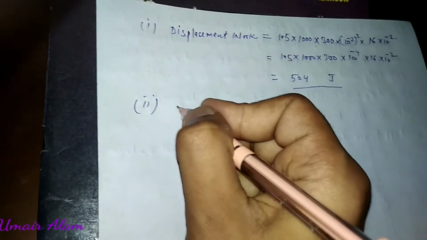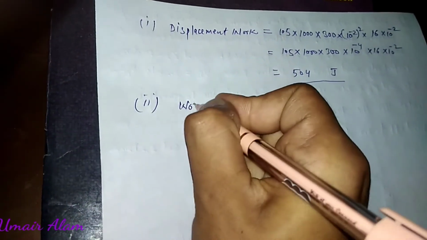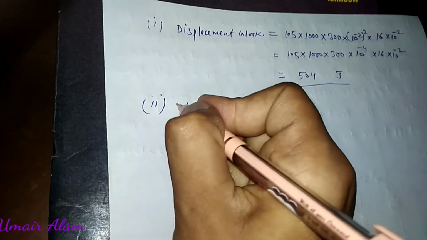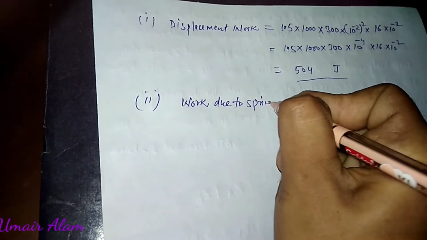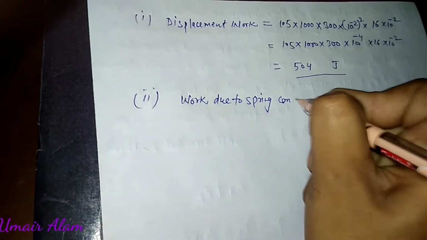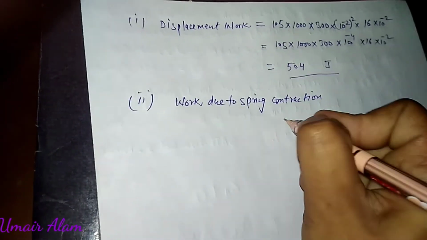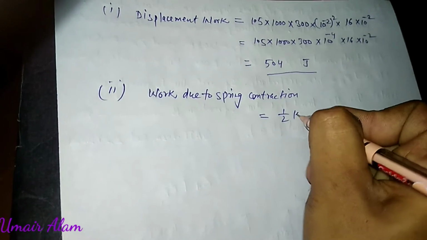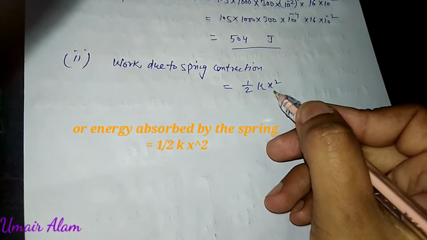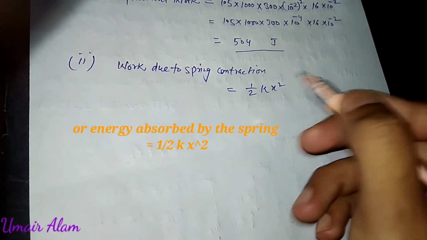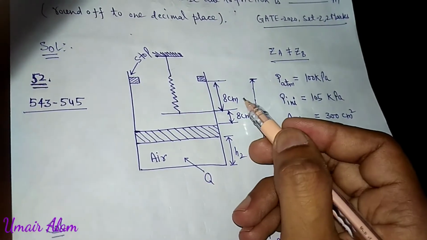Now work due to the spring contraction will be equal to half kx square. K is the spring constant and x is the contraction in the length of the spring, which is given as 8 centimeter. This is x.